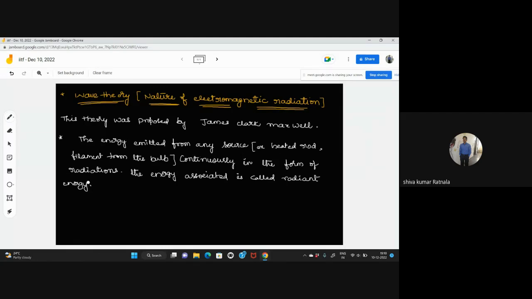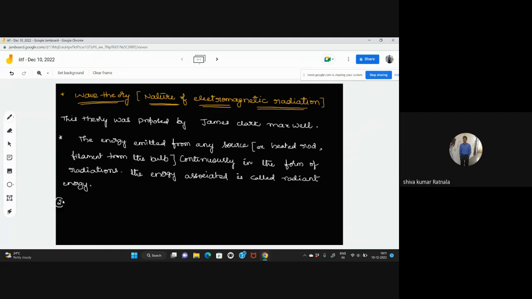That means simply, if you are taking any source of light or anything, it will reach us in the form of radiations, and the energy with the radiation we are saying is radiant energy.